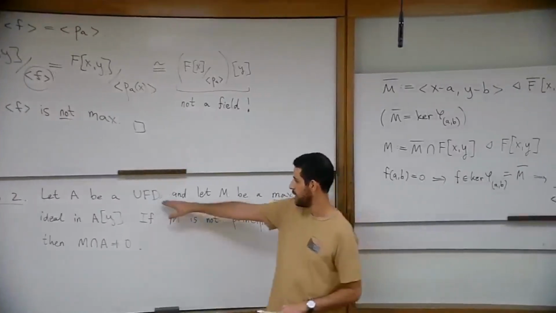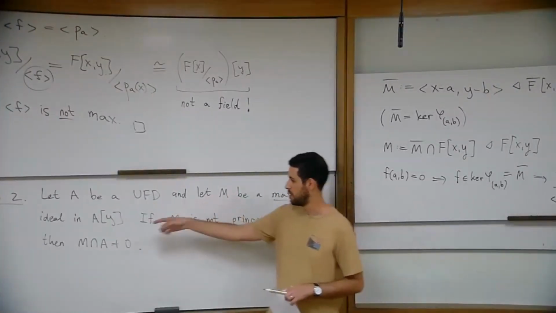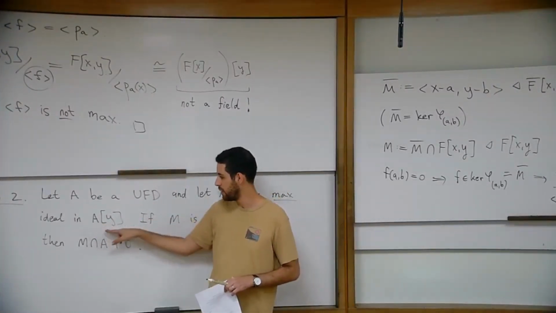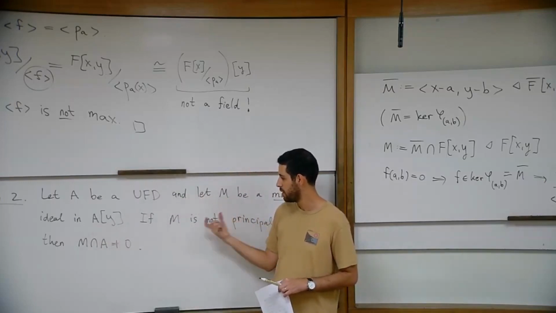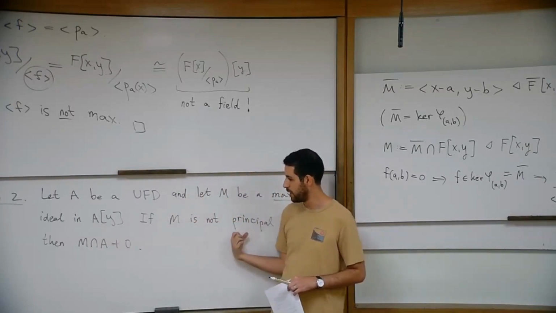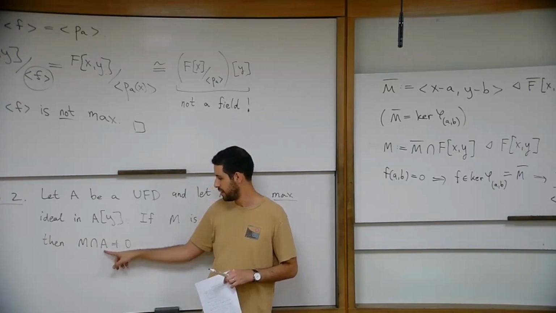So again, we have A a UFD, and we consider the polynomials in A[y] and take a maximal ideal M. Then if M is not principal, then M intersection A is non-zero.